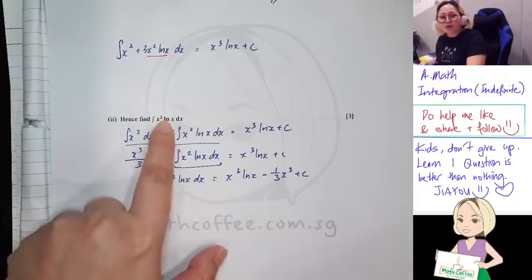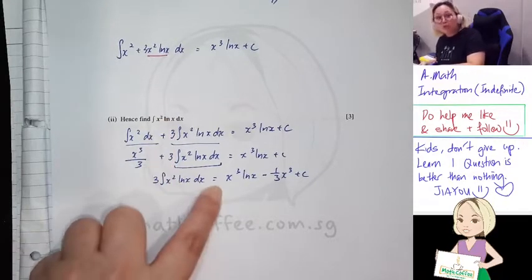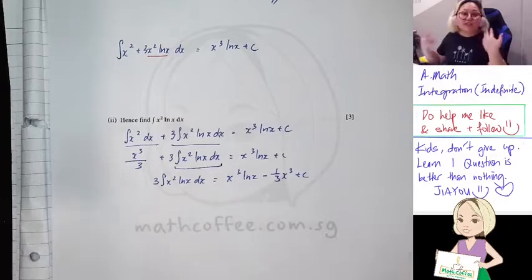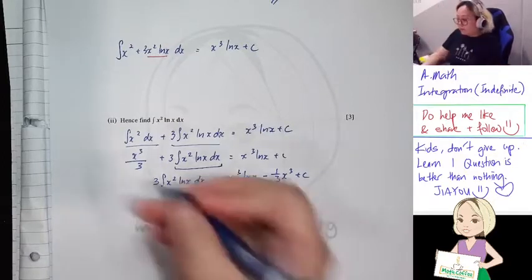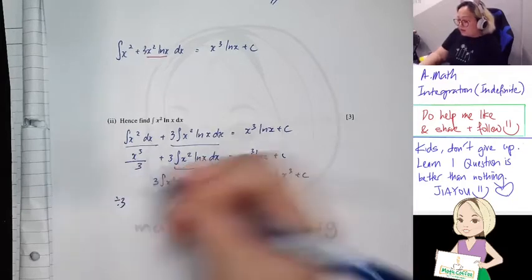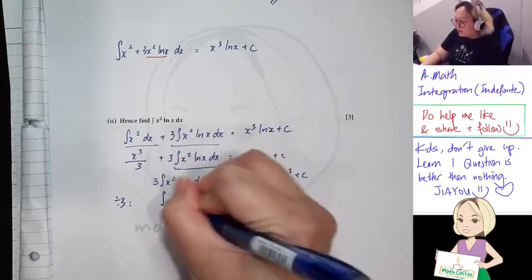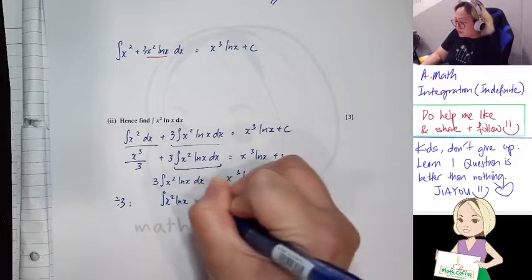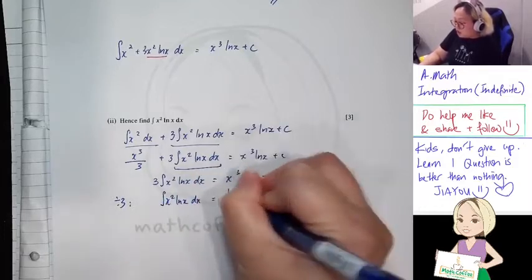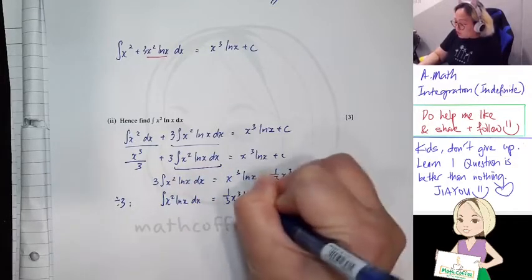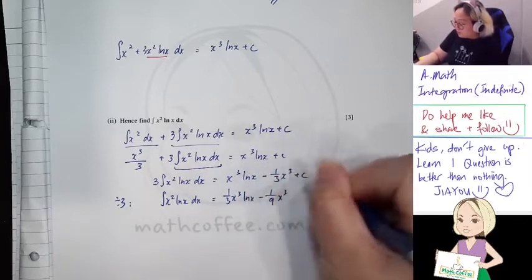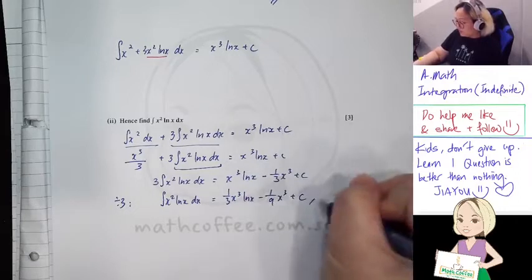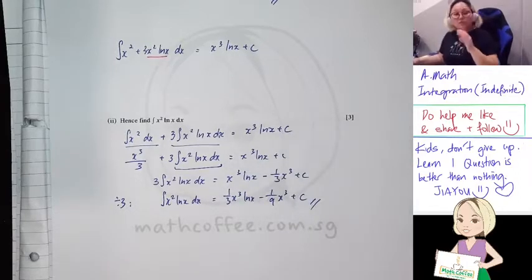They're asking you to find 1 unit. Currently now it is 3 units. So all I need to do is just divide by 3, which is the same thing as multiply by 1/3. So I will get integrate x squared ln x dx is equals to 1/3 x cubed ln x minus 1 over 9 x cubed plus c. And we're done. You see that?